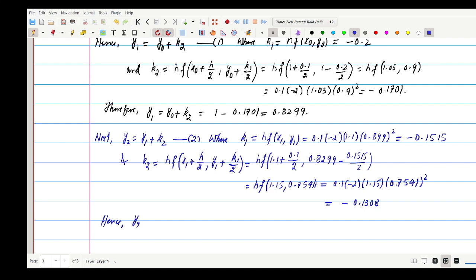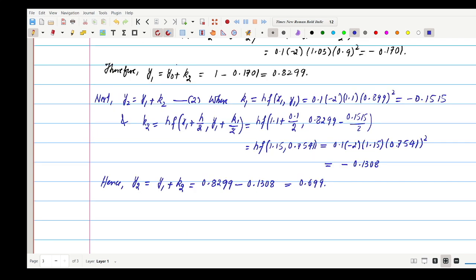Hence y2 is equal to y1 plus k2. Now y1 is equal to 0.8299 minus 0.1308. Now adding these numbers, we get 0.699.